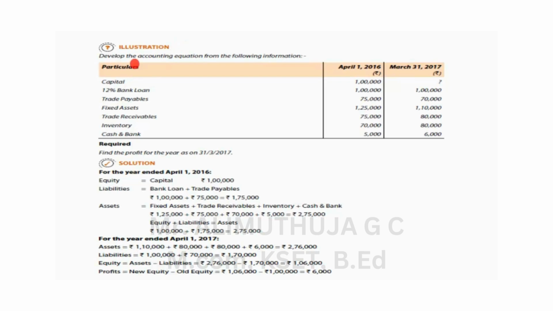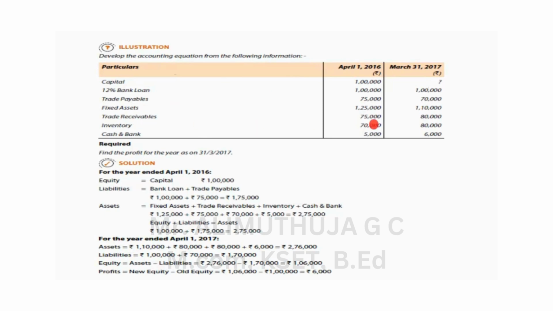Develop the accounting equation from the following information. Previous year balances and current year balances are given. Capital: 1 lakh, and a question mark. That means we need to find it by applying the dual aspect concept. 12% bank loan: 1 lakh each. Trade payables: 75,000 and 70,000. Fixed assets: 1,25,000 and 1,10,000.